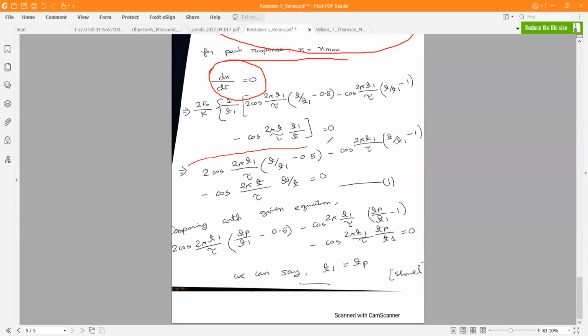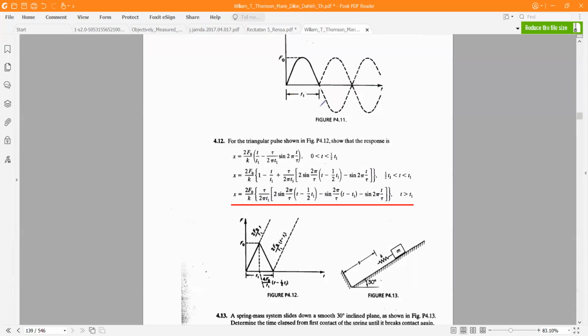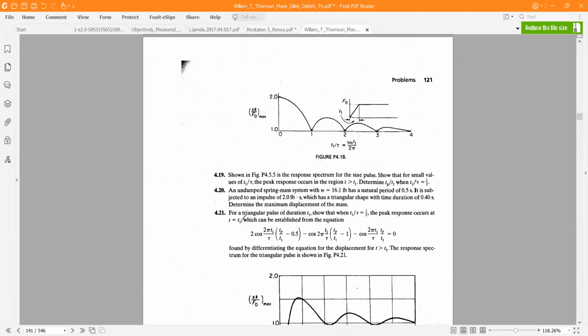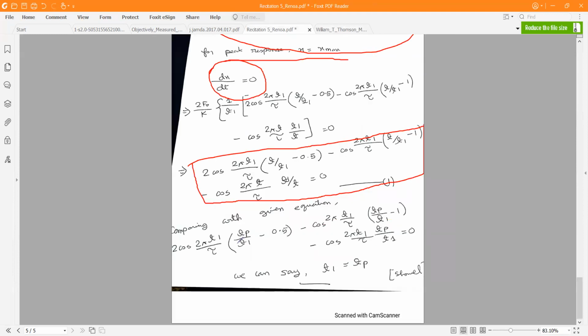Now if I compare this expression with the given equation, which you can see here from the problem, you'll find that the forms are exactly similar, and the only difference is that t here is tp in the given equation.